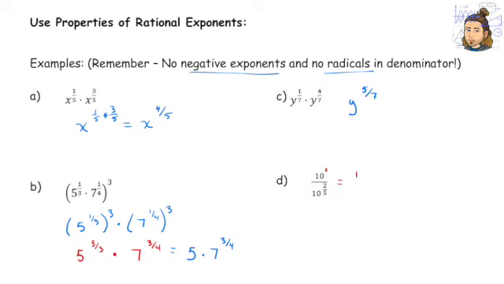So we're going to rewrite this as 10 to the 5/5 over 10 to the 2/5. Now we can use that quotient property where we're allowed to subtract, which is going to give us 5/5 minus 2/5, which will give us 10 to the 3/5. All right, that gives us a pretty straightforward example there.